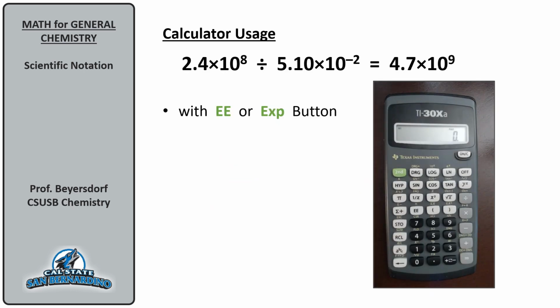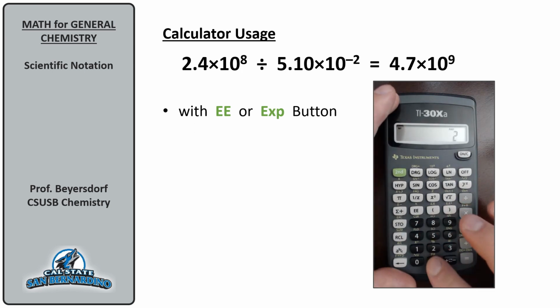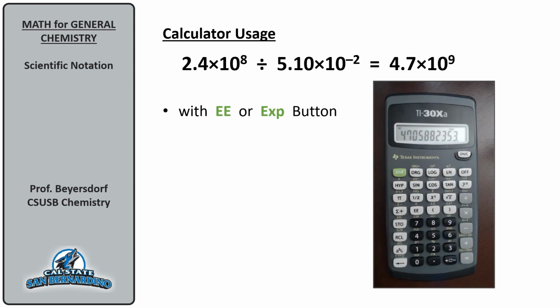Now let's do that same calculation, but with a calculator. This is a calculator with the EE button, and this actually makes life easier. So I can put 2.4 EE 8, which just stands for exponent, and I divide by 5.1, same thing. But here I have to make it 2, and I use this button here to make it negative. When I do that, I get this number here.